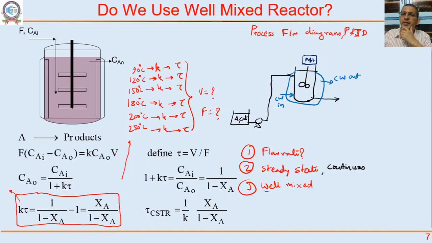Suppose I want to do the reaction at 200 degrees centigrade, and let's say the feed is stored at atmospheric condition, 30 degrees centigrade. How will it go to 200 degrees centigrade? Well, I may need a heater in between. The product is going to come out at 200 degrees centigrade. Can I sell product at 200 degrees centigrade?